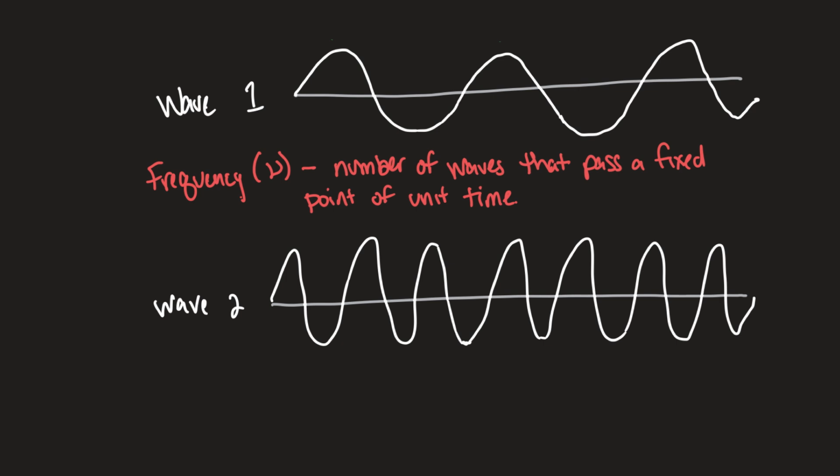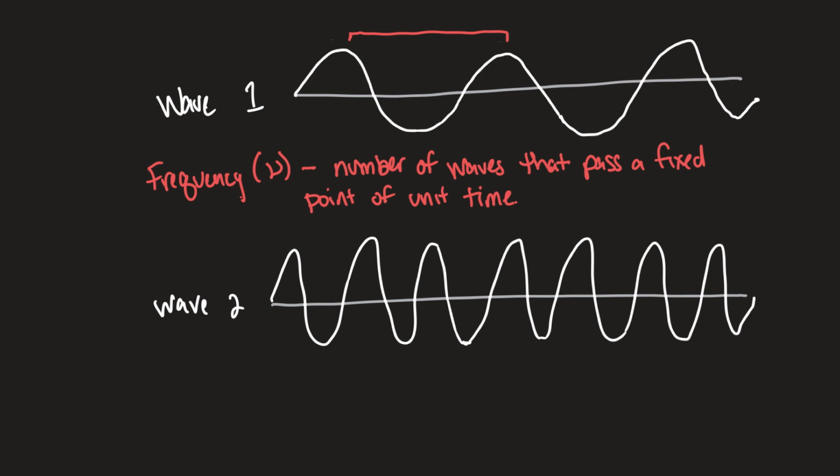If we consider each peak or trough as a wave, we can see here in wave one, the frequency is lower because you don't have as many waves going through in this standard unit of time. Versus in wave two, we have a lot more waves during this unit of time.